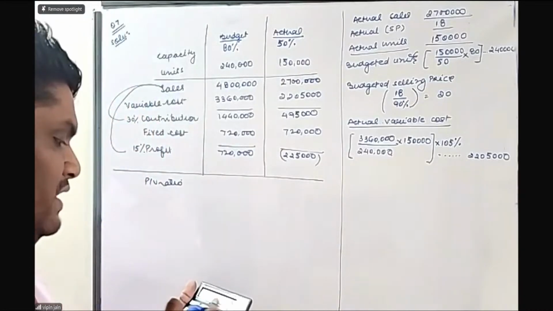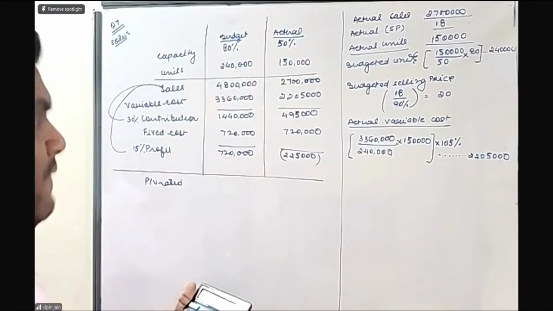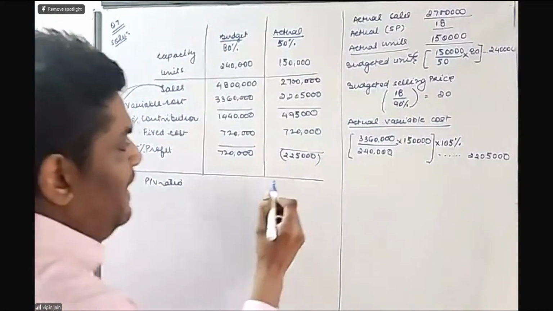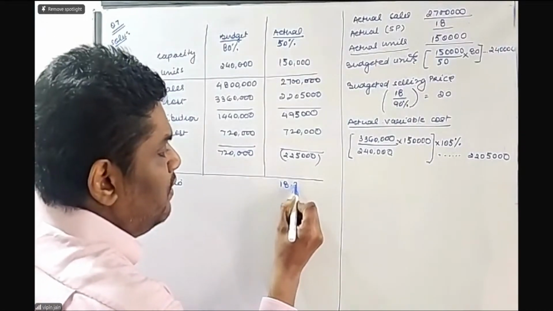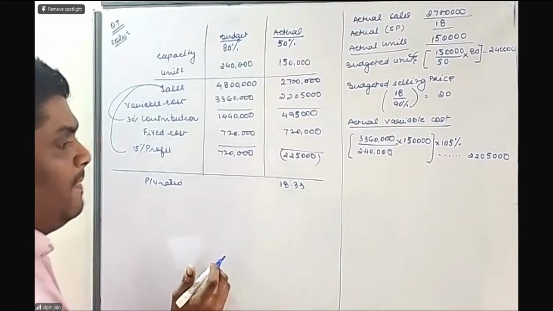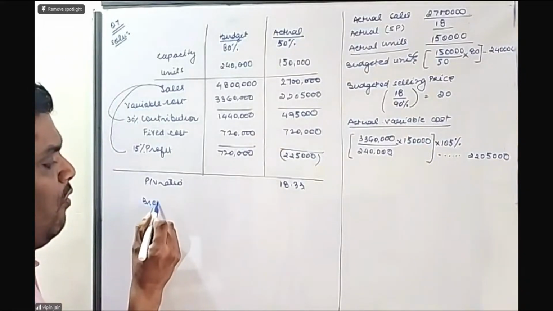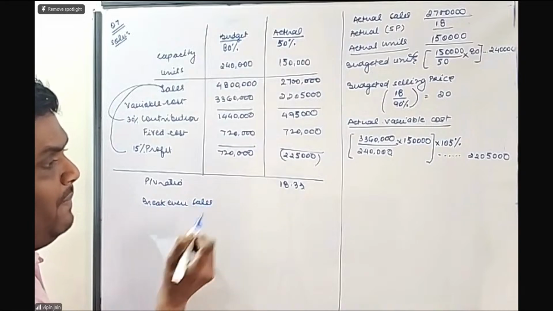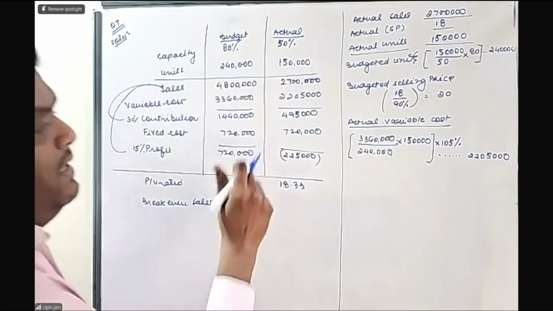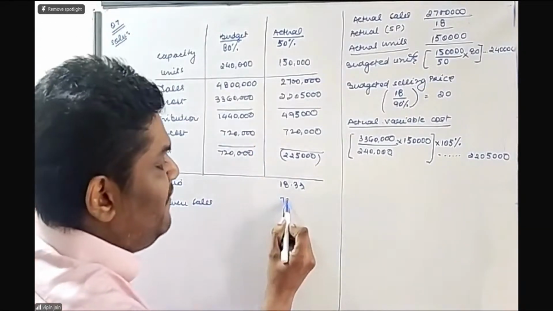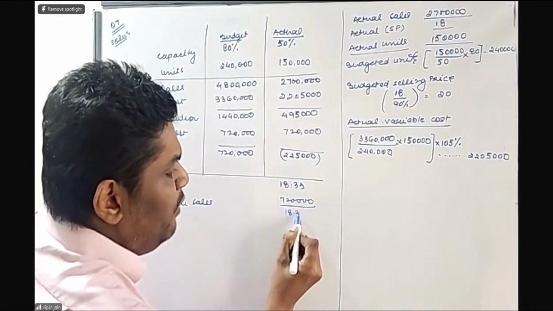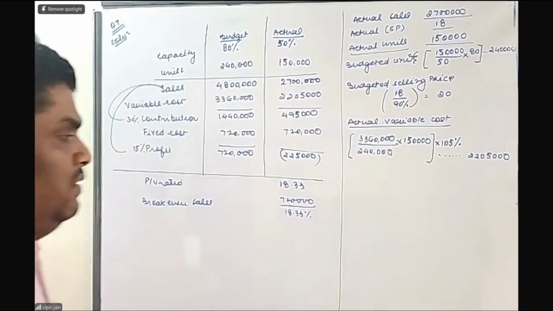So my contribution is 4,95,000 divided by 27 lakh. So my PV ratio will be 18.33%. My break-even sales will be my fixed cost 7,20,000 divided by my PV ratio, that is 18.33%.